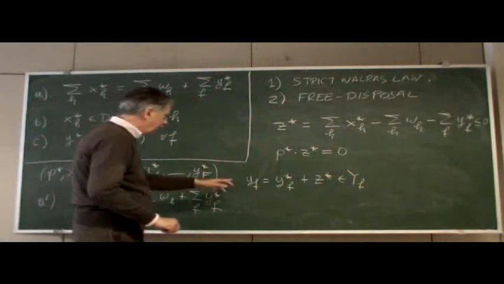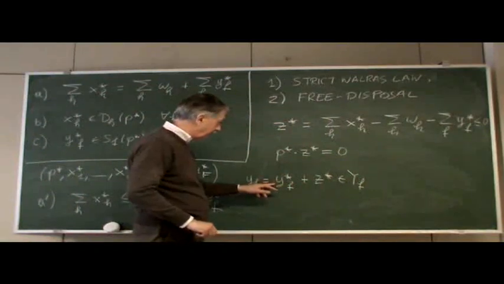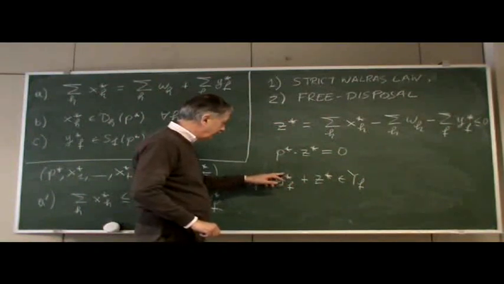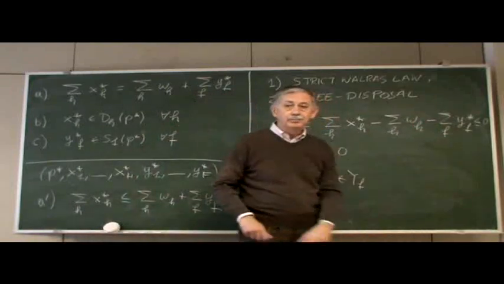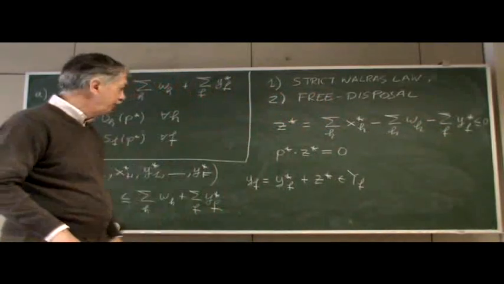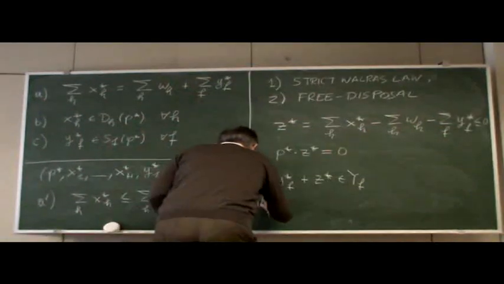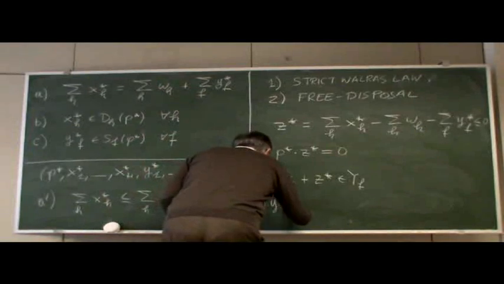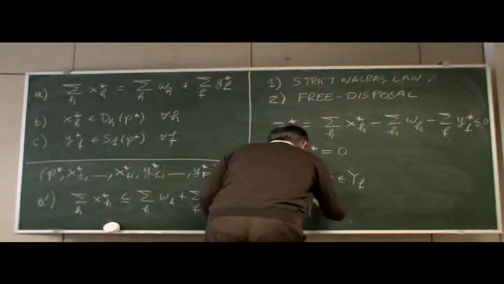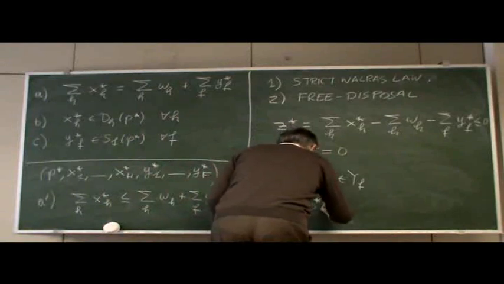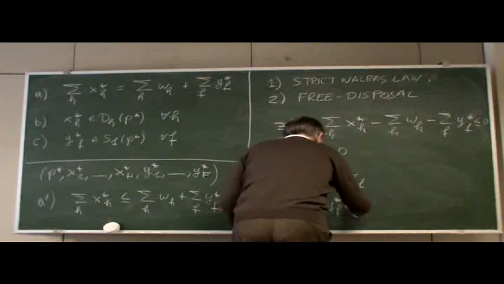Why? Because this vector YF, note, has all the components less or equal than Y star F, since Z star has all non-positive components. But what is the value of this alternative process? Let us compute it by multiplying by the price system.